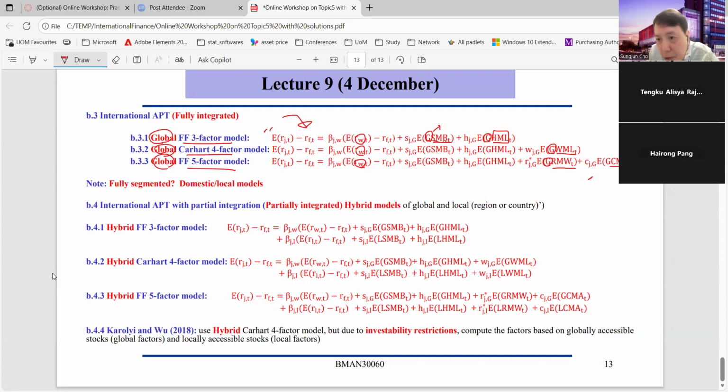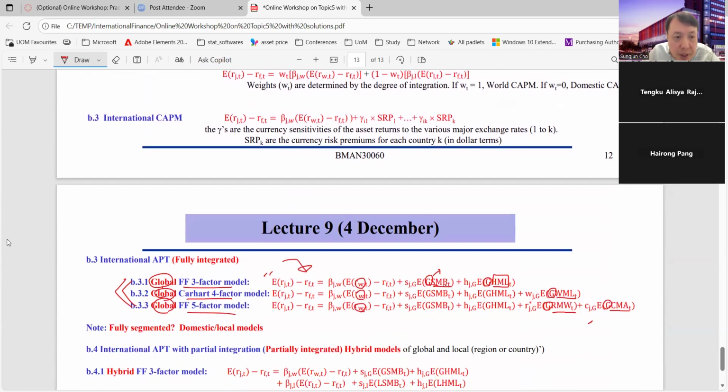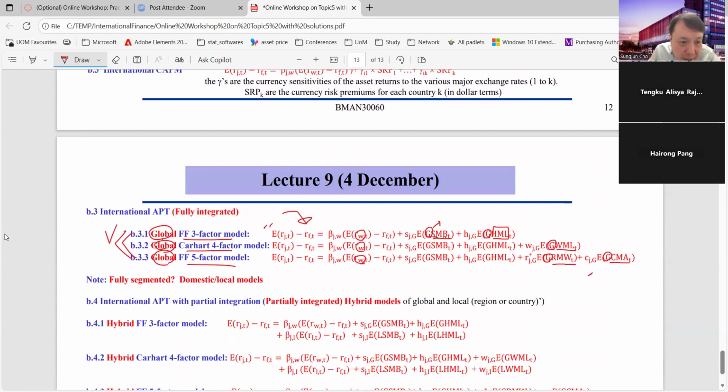When you compute CMA, you use global stocks. This is a very simple extension of the domestic model, just replacing the domestic stocks with world stocks. I told you when we can use world CAPM: a fully integrated market and no premium for taking FX risk. That's also true for this model here. We still need the same assumption.